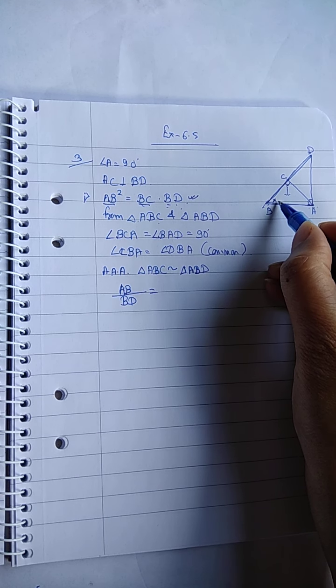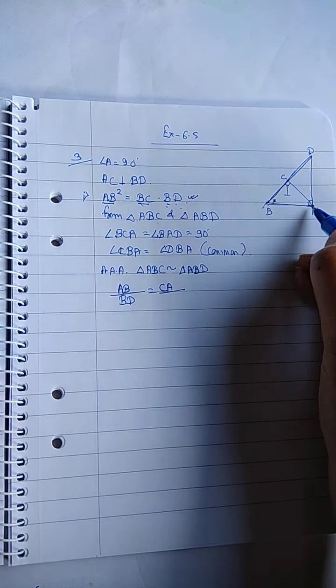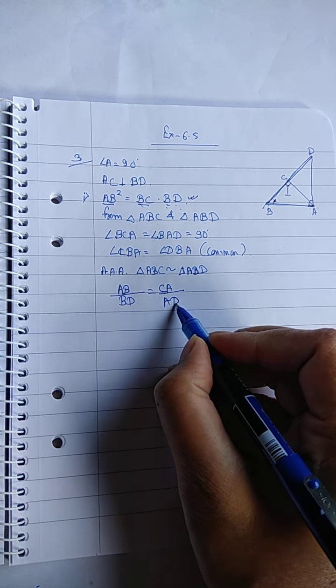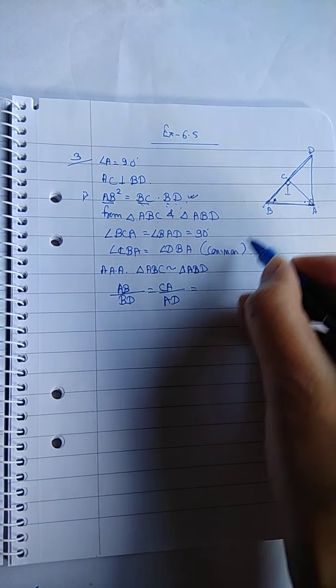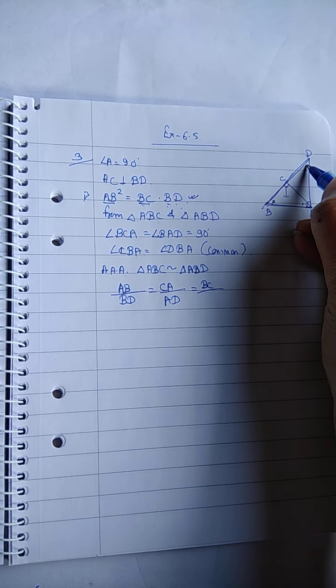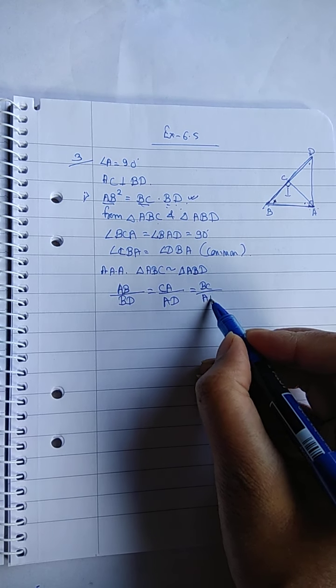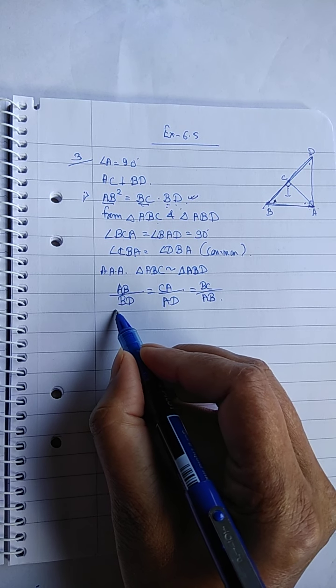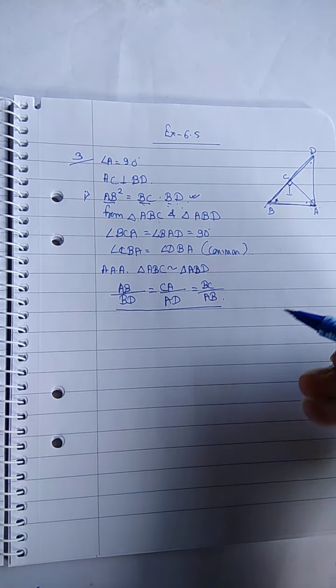In the small triangle, opposite of this angle is CA, in the big triangle AD, and the rest one is this angle: BC, and in the big triangle, opposite of this angle is AB. First we will calculate all the three ratios, then we will find which two I have to use.